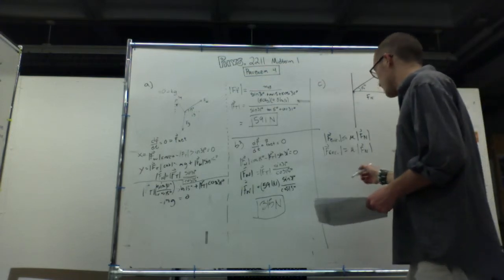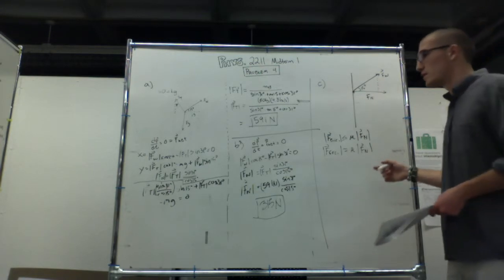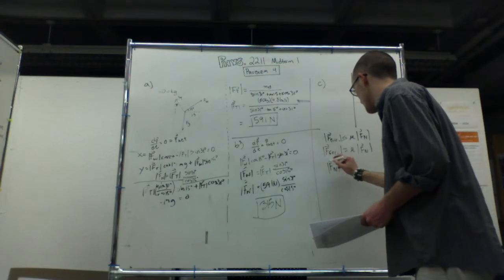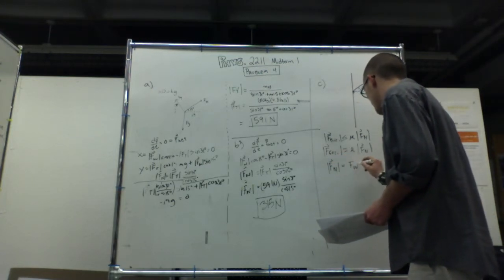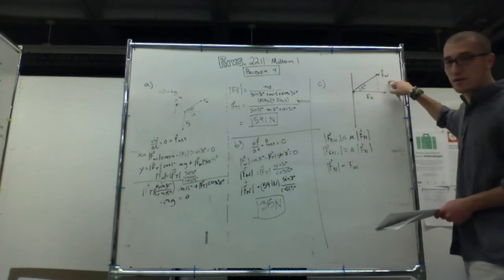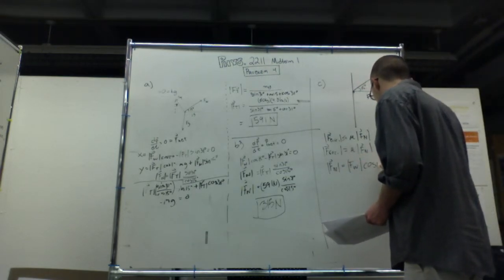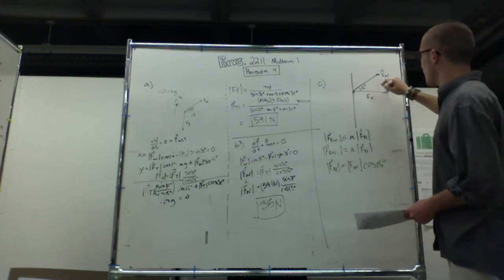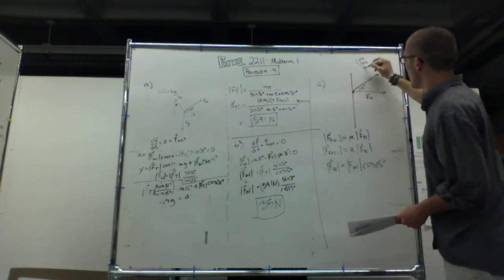So essentially we're assuming that the force of friction on the shoes is maximum because they're about to slip. So then we know that F_n is equal to F_w, coming from right here, times cosine of 15 degrees, which is essentially a little SOHCAHTOA.